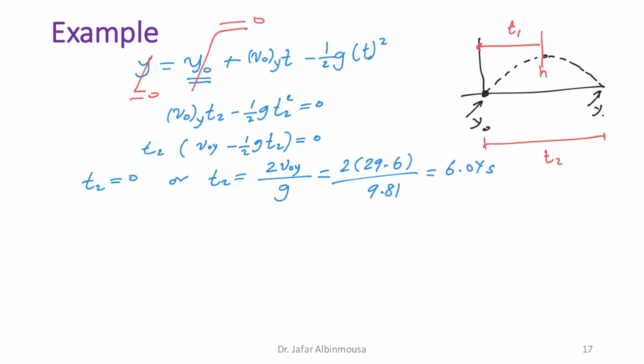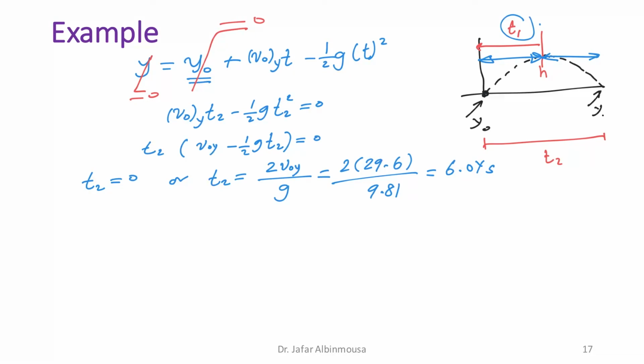This is twice T1 because the motion here is symmetric. Half of the time is spent from this point to this point, and then the next half is spent from this point to that point. And again, this is only because the motion is symmetric.